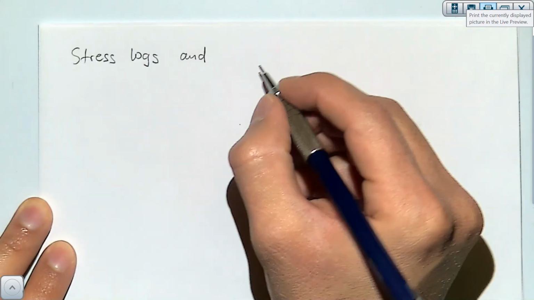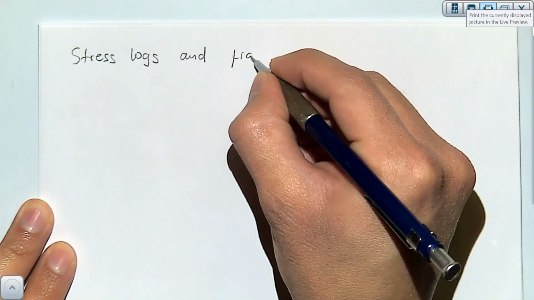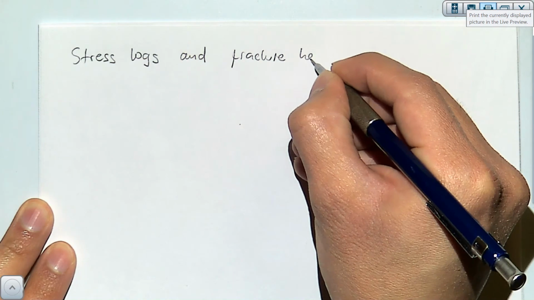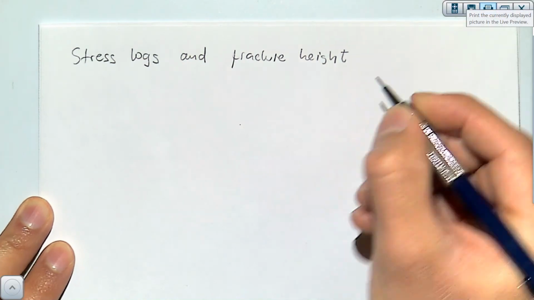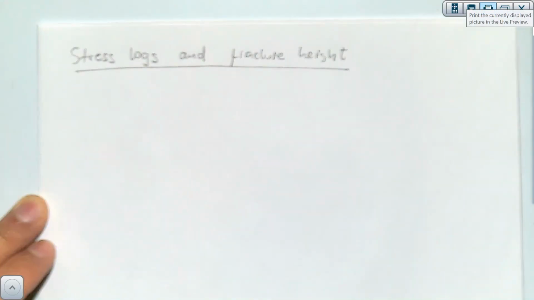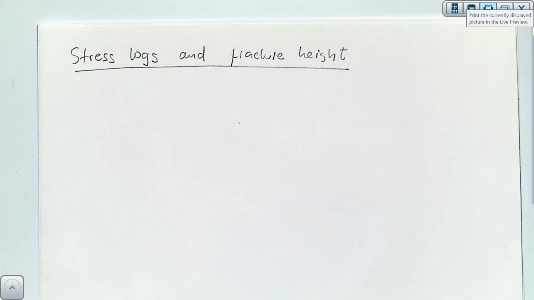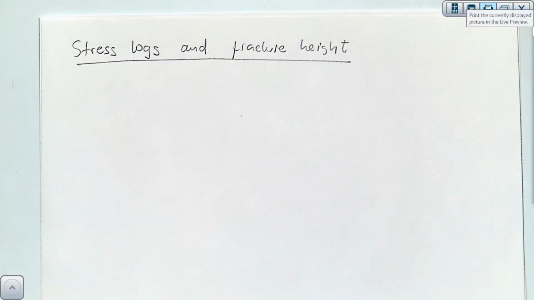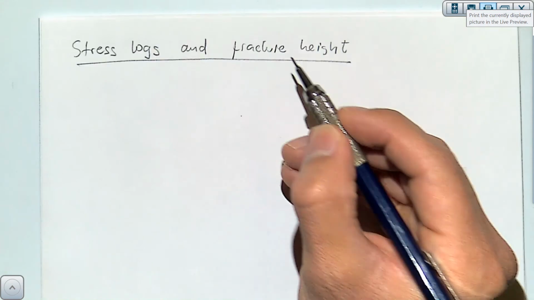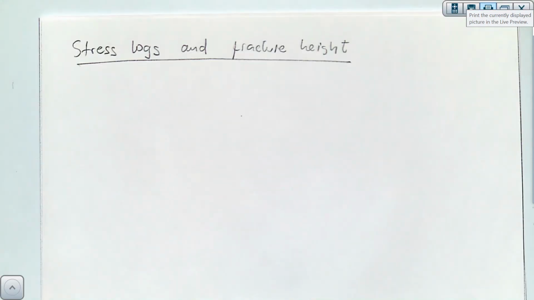And these are the stress logs. All right, so in simple terms, the fracture height is going to be defined by how the properties of the rock and the stresses change with depth.